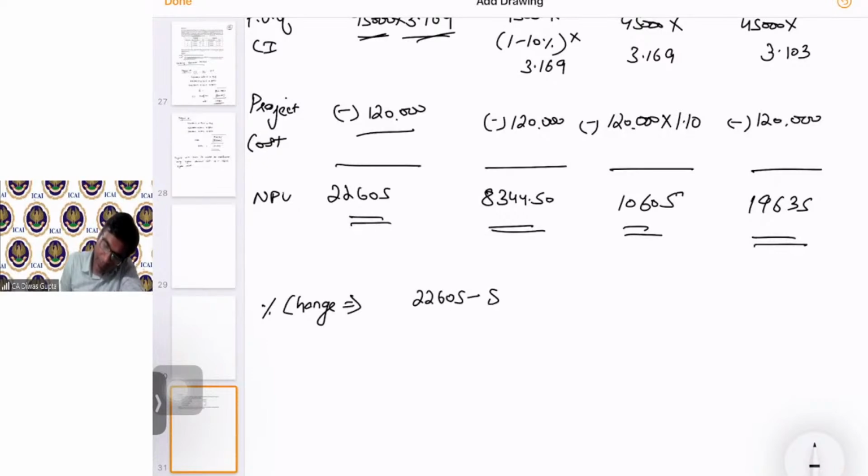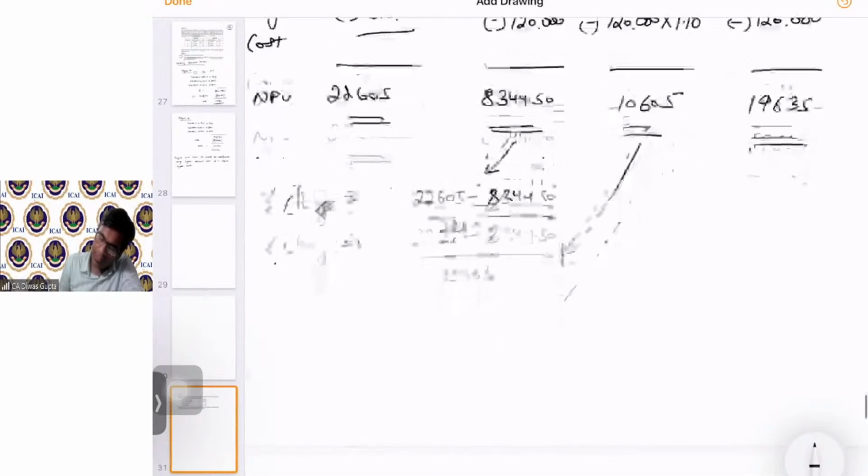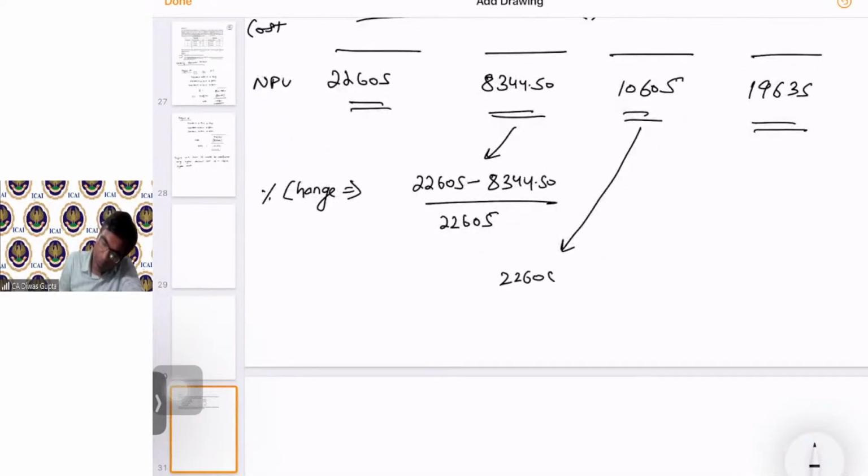22,605 minus 8344.50 divided by 22,605. Correct? This is the change for this. Similarly, for this, the change will be 22,605 minus 10,605 divided by 22,605. Correct?